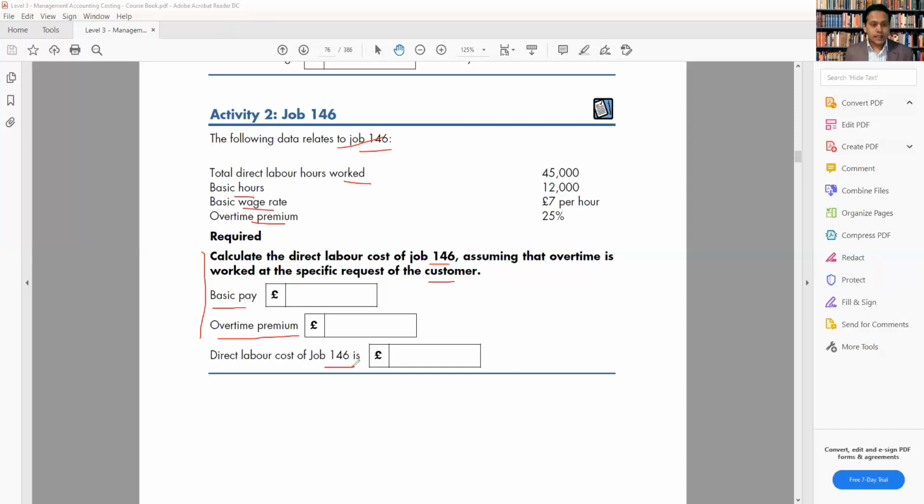Let's calculate that. First we can see total direct labor hours worked is 45,000. So 45,000 times 7 will give us the total cost for the labor hours worked. That gives us 315,000.